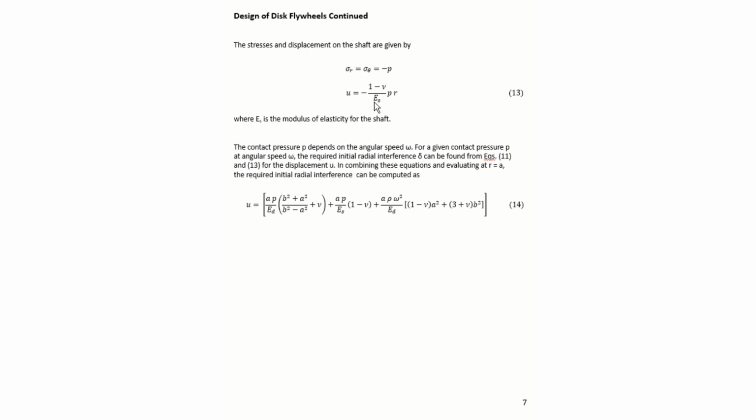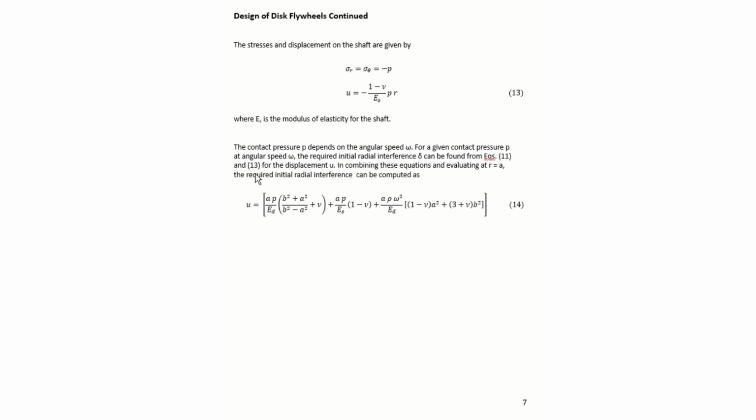ES is simply the modulus of elasticity of the shaft. Now, a really handy equation is this equation 14. This equation U represents the displacement that is required to keep the system from flying apart.